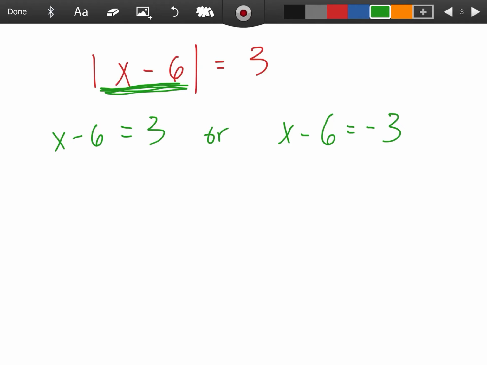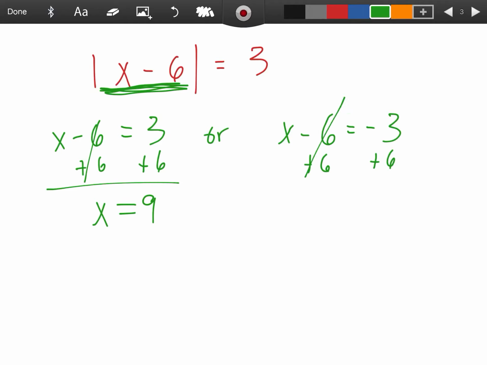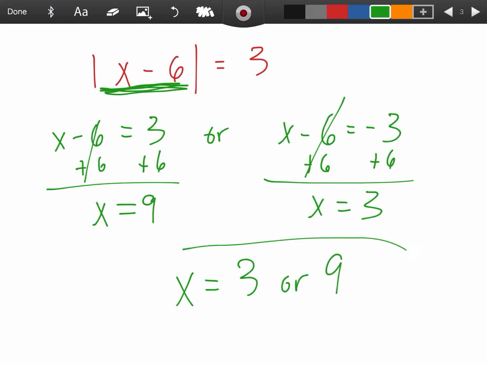And now I solve for x in each of these cases. I add 6, and I get x equals 9. Or let's add 6, I get x equals 3. So x could be equal to either one of those.